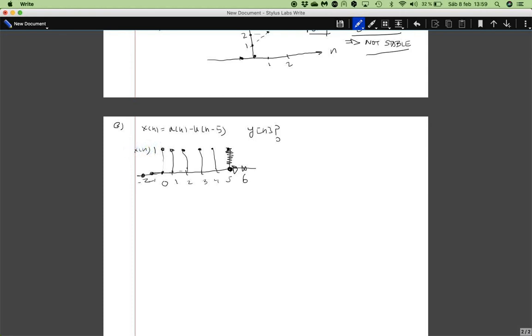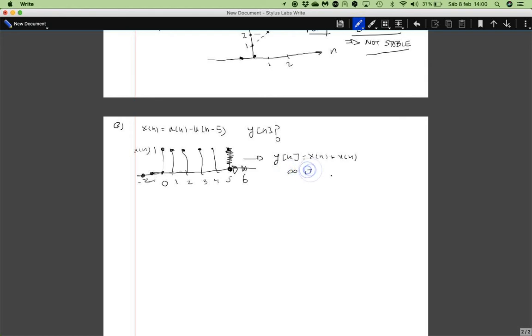So it's very easy to calculate the convolution of the signal with itself. So y of n, you know, is the convolution of the input with itself. So what you have to do is the convolution of this signal with itself. Again, this is an exercise for you.